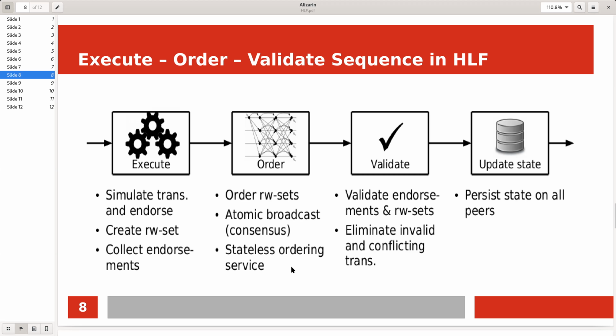As a result, this ordering service by itself is called stateless because it acts on the set of sequence numbers of transactions and not with the state of each transaction by itself. As a result, the output is really an ordered set of transaction outputs, which is accepted by all legitimate, all valid nodes.